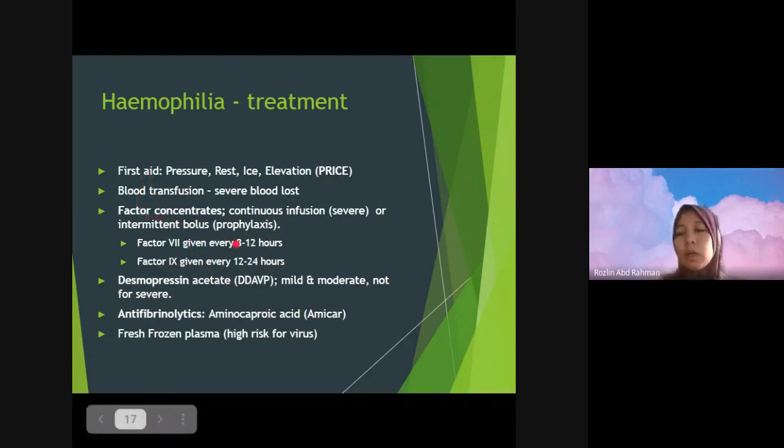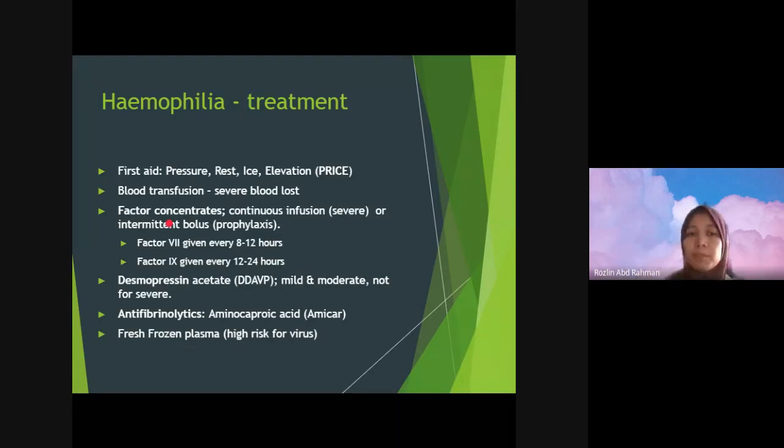Okay, so one of the risiko kalau kita bagi factor concentrate, there is unnecessary exposure to blood-borne virus lah. Walaupun kita buat very thorough screening of the blood component before we transfuse them, but there are still risks yang kita have to keep in mind. Okay, that sometimes the donated plasma may be contaminated ke apa. Alright.